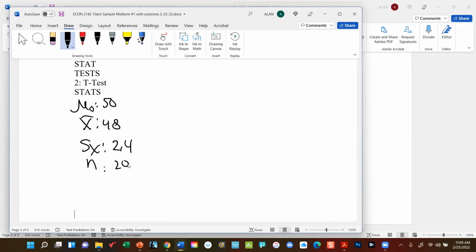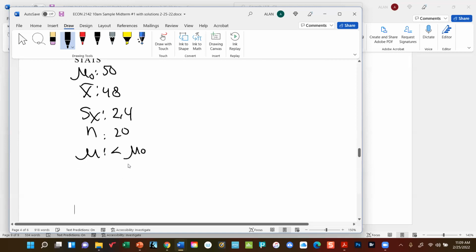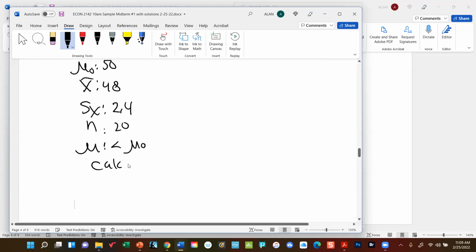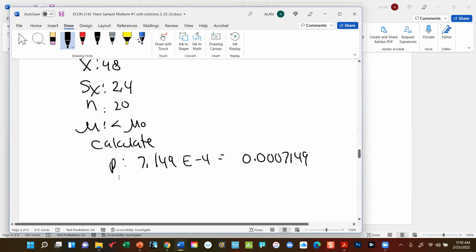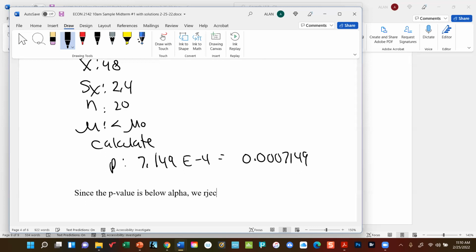Then it needs to know that it's a left-tailed test. When you run it and calculate, the p-value turns out to be 7.149 E negative 4, which is the same thing as 0.0007149. So once again, since the p-value is below alpha, we reject the null.